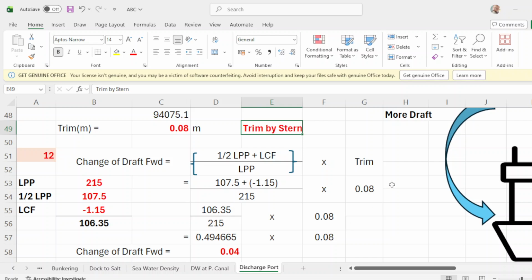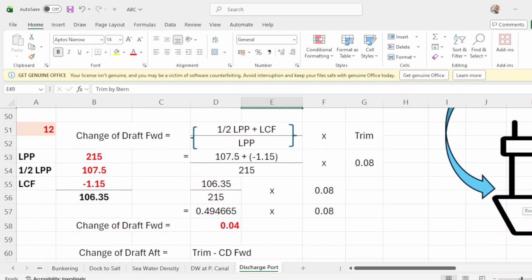You multiply it with your trim, that will be 0.04, positive. That will be your change of drop forward of 0.04. It doesn't have a name, okay, just a figure.